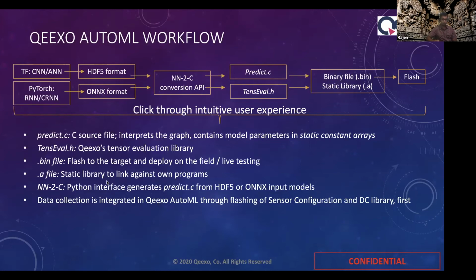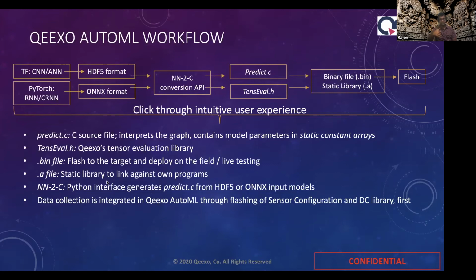Once we have these models, the TensorFlow models are represented in HDF5 format, and the PyTorch models are represented in ONNX format. And then there is an NN to C conversion API developed by Qeexo. This particular API ingests these two model formats, either HDF5 or ONNX.